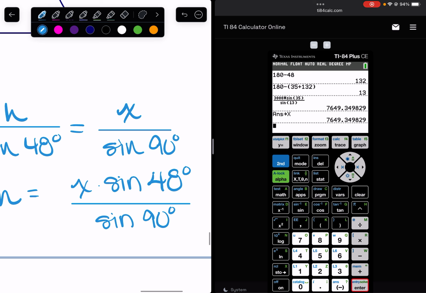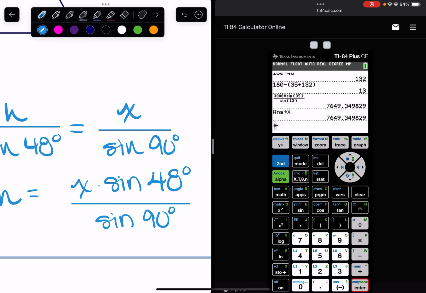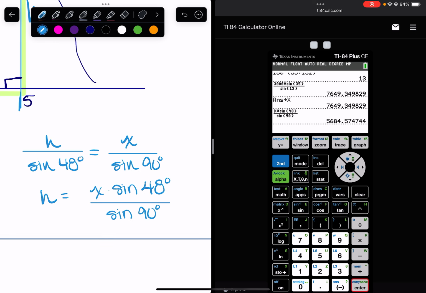I can type it into my calculator just like this: alpha y equals X times sine 48 over sine 90. And we get 5,684.57-ish.